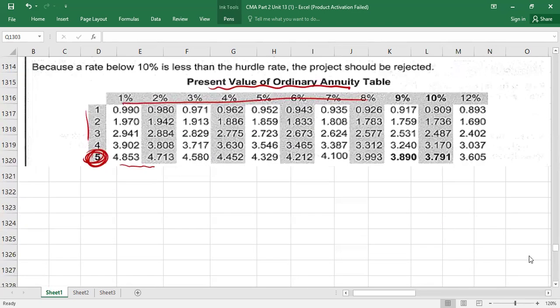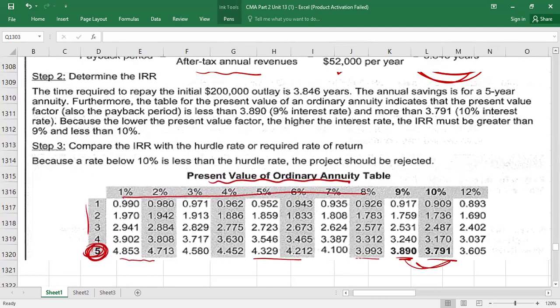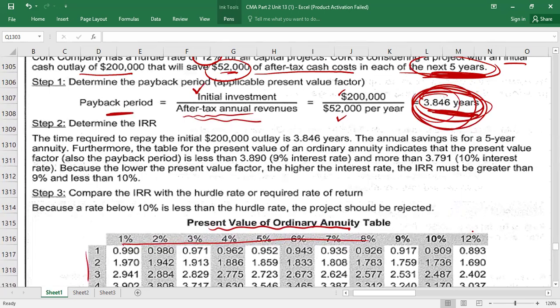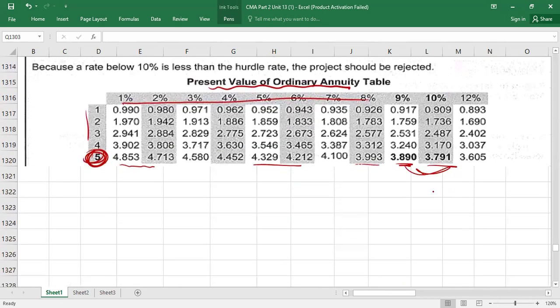We need 3 point 846, right? Here we have the values in between. 3.89 is given, 3.79 is given. This 3.846 is greater than one value, but less than the other. It means your IRR is between 9 to 10%.